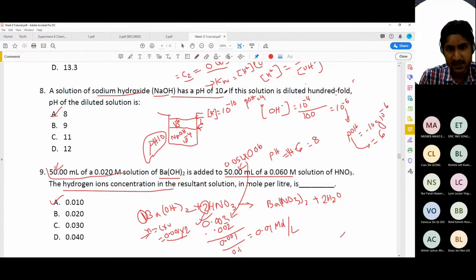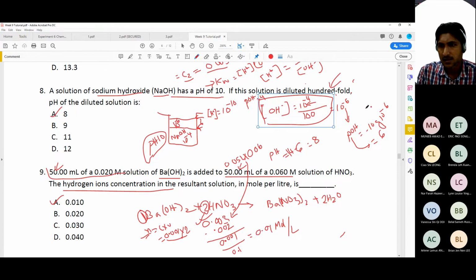And that is why we have to find out how much hydroxide ion there is. And pH 10 means pOH is 4. So from there we find the hydroxyl ion concentration is 10 power negative 4, right? And then we divide it by 100, because it says 100-fold diluted.